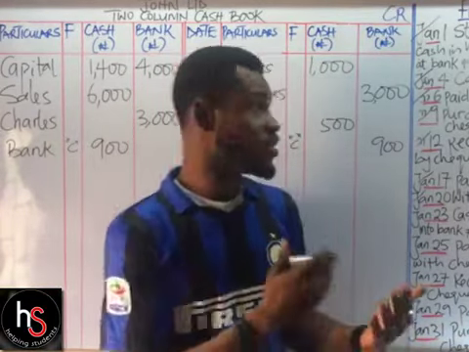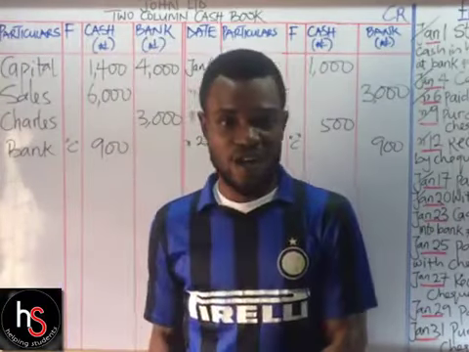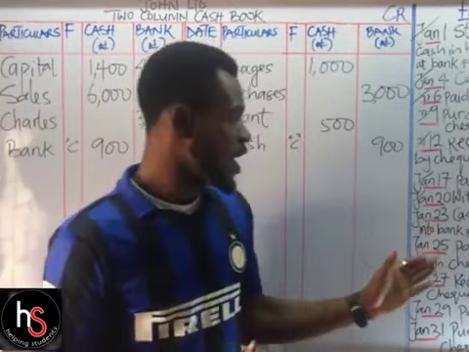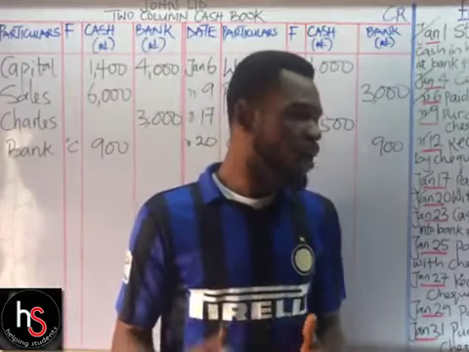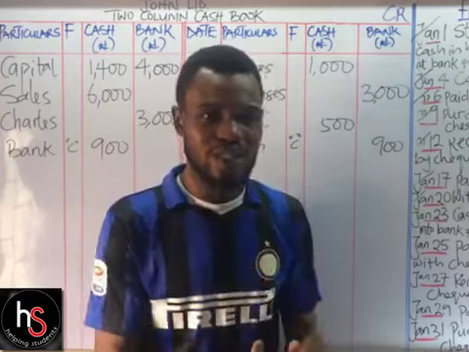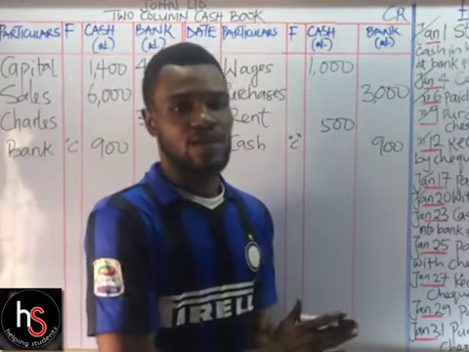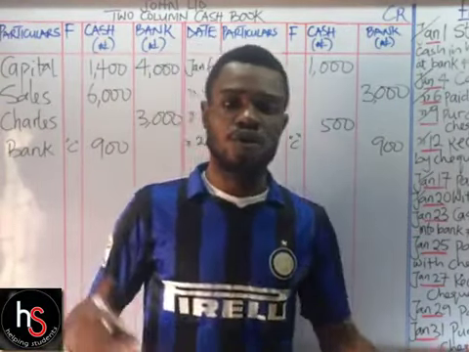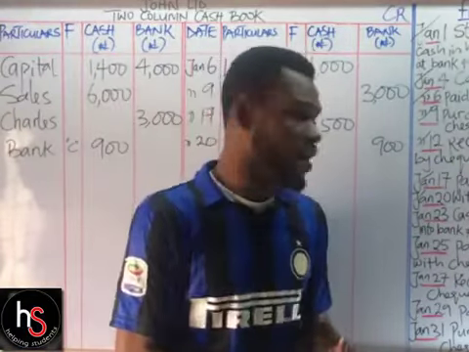If you want to record that, it goes to the credit side and it's recorded as drawings. But here where we have withdraw cash from the bank for business use, or withdraw cash from the bank, that just has to do with a contra entry because the money went through the cash account and the bank account.